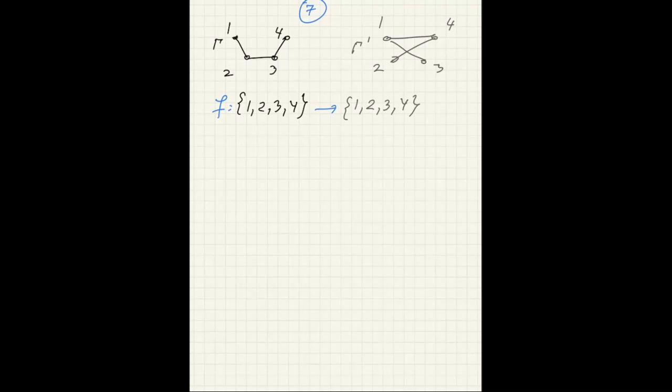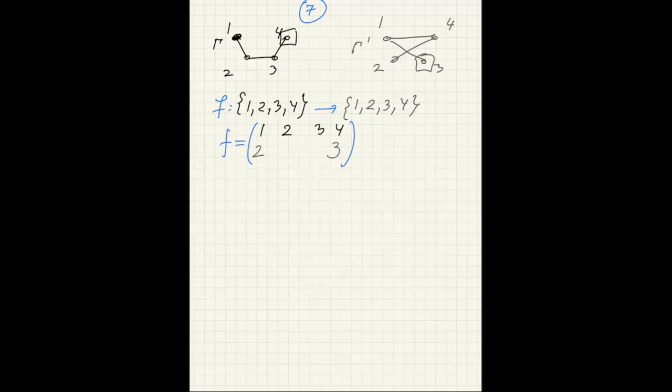And so if you look at this vertex 1, because it has only one neighbor, it's intuitively obvious that it should be mapped to a vertex of degree 1 in the other graph. So there are 2 choices. You can map it to 2 or 3. So let's just map 1 to 2. And then in that situation, where do we want to send 4? This is the other vertex of degree 1. Then you have to send it there. So you send 4 to 3.